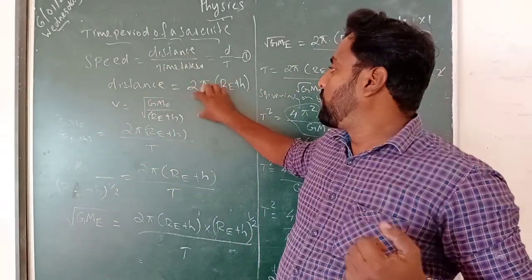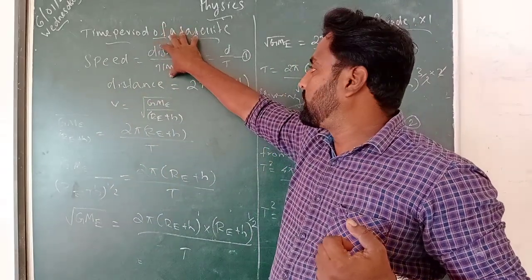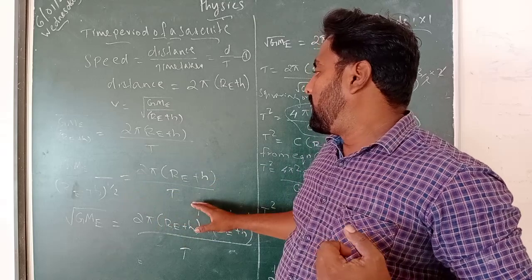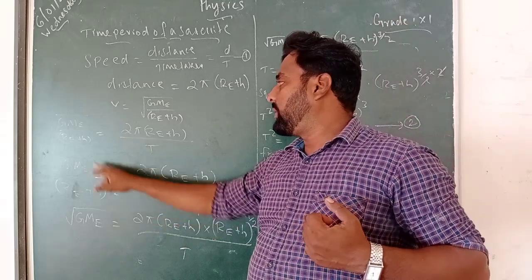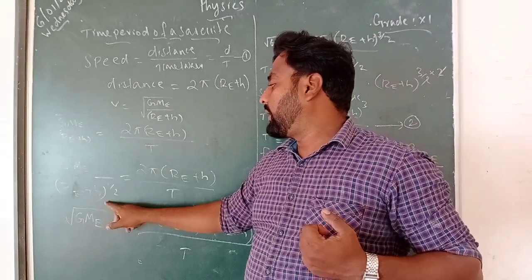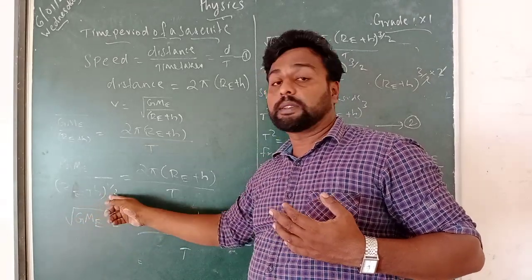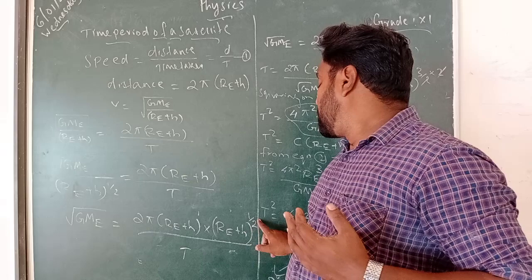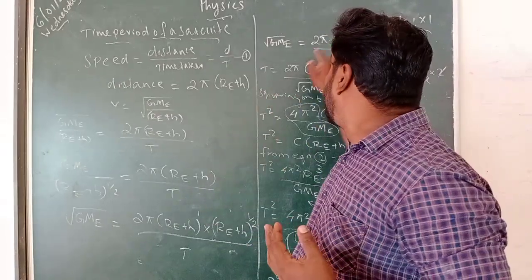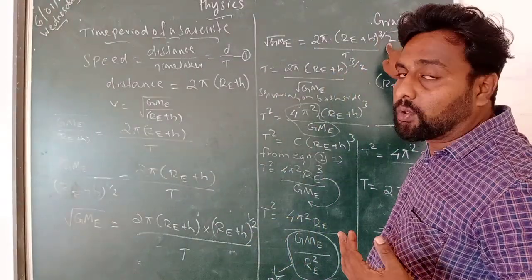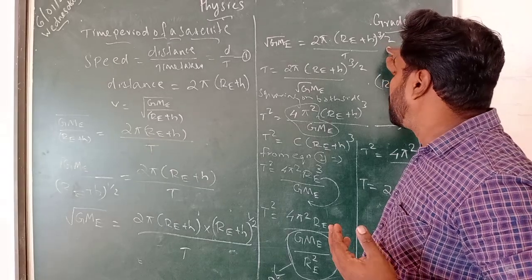Then these two values we are substituting in this formula. Here in this step we are changing the square root and writing 1 by 2. In the next step we are taking this (r plus h) to the power 1 by 2 here, so 1 by 2, here 1. Next step adding the power value, so 1 plus 1 by 2 is 3 by 2.